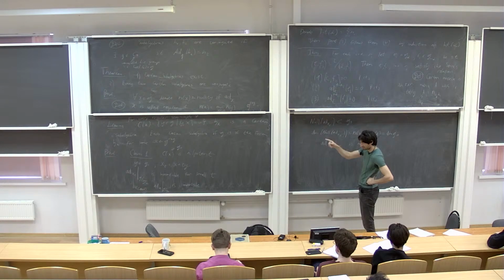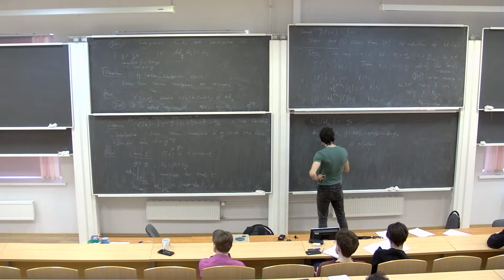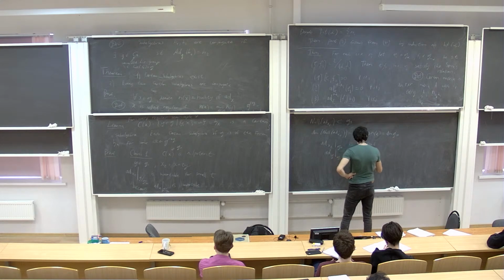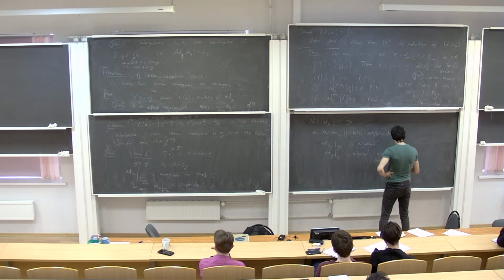Because G0 is the centralizer of x. So it means that ad y restricted to G0 is nilpotent. And then by Engel's theorem, we have that G0 is nilpotent.